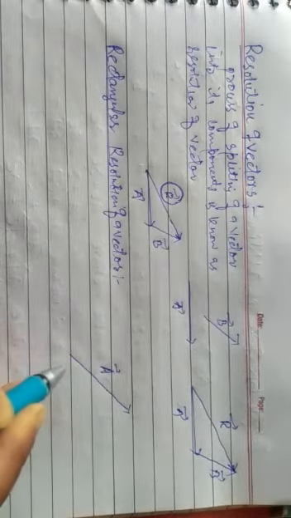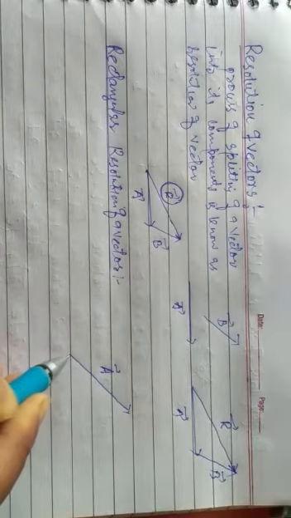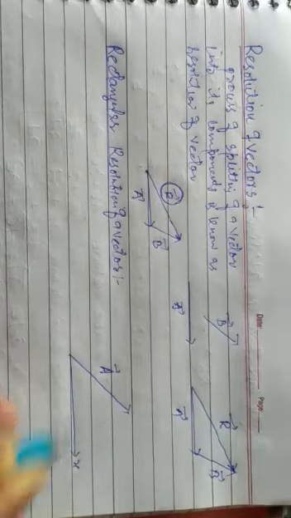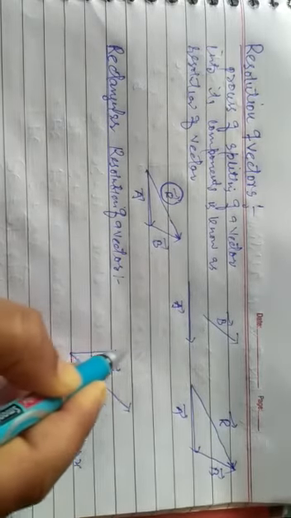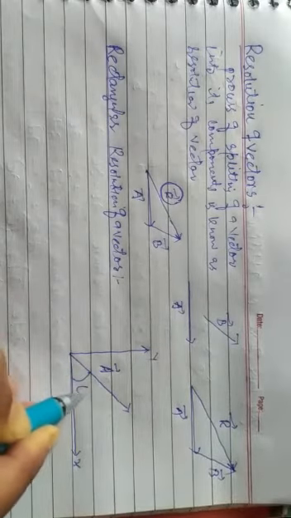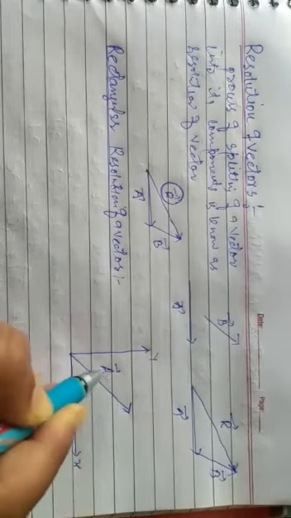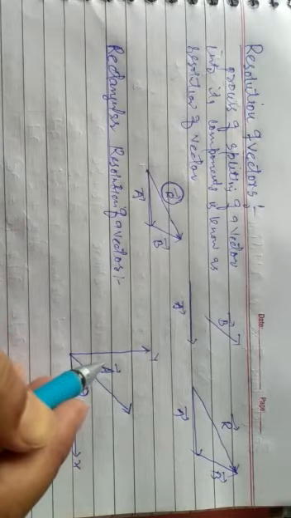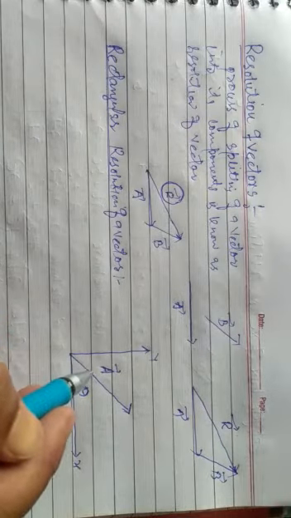Vector a. Now in this plane, this is the x-axis and this is the y-axis, and the vector is inclined at an angle theta with the x-axis. Its magnitude is a. Now we have to resolve it into its components.